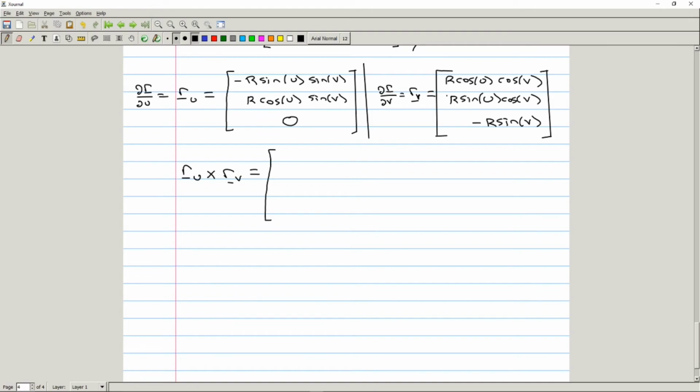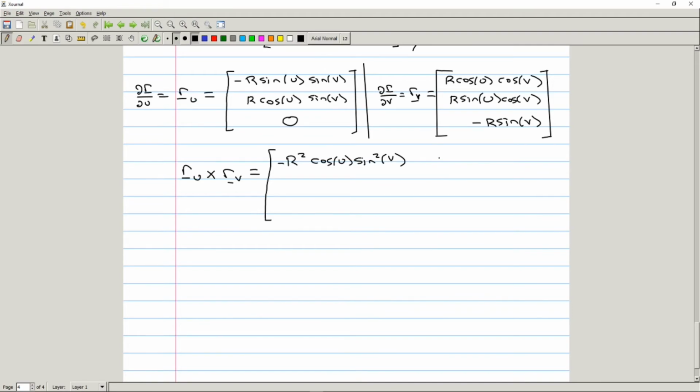So it'll be this times, well, we cross out this first, it'll be this times this. So it'll be r squared times negative 1 times cosine of u sine squared of v.